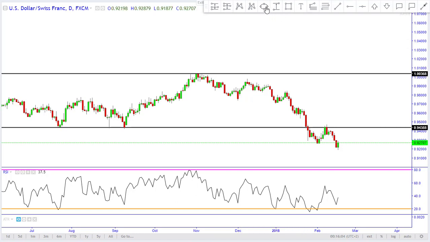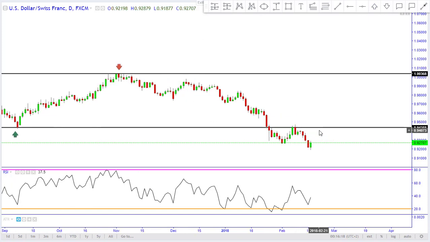Ever since I have a pretty significant resistance level right here and a support level that has been holding right here, I would want to notice what the market is currently doing. And as the market broke below our 94.38 levels, it began to resist at these levels of structure.